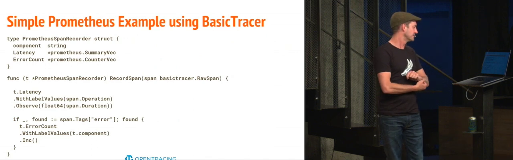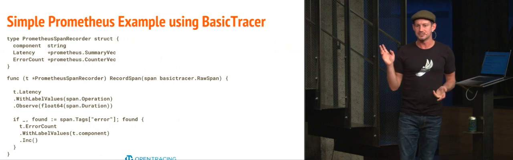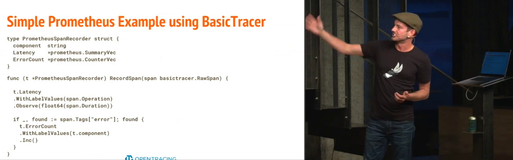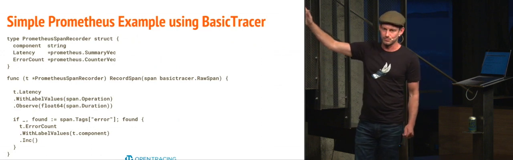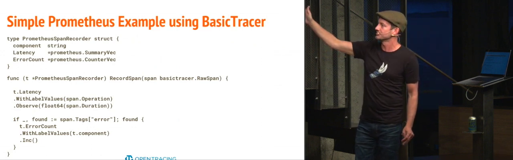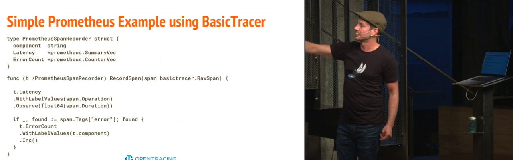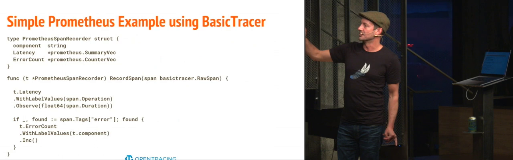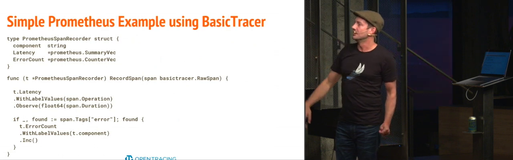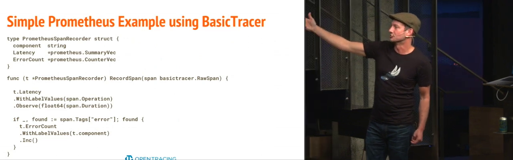Here's a concrete example to show how little code is needed to hook all this up. I don't expect you to read all of this code, but this is a running example that would work with the Golang basic tracer that's hanging out in OpenTracing, connecting it up to Prometheus. It takes every span that comes in when it's finished and creates a latency metric labeled by span operation, where the value is the duration.